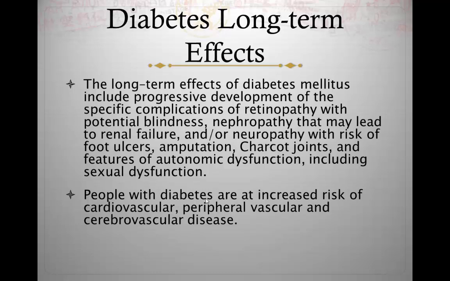A urine dipstick will be positive for proteins, more than 300 milligrams per day. For treatment, remember that ACE inhibitors or ARBs will diminish the progression of this diabetic nephropathy.